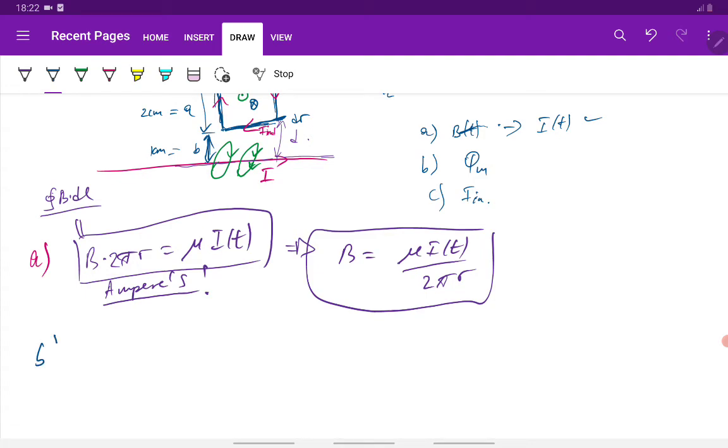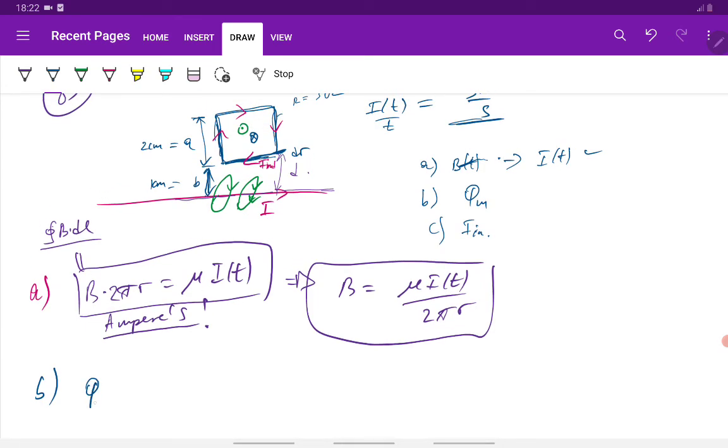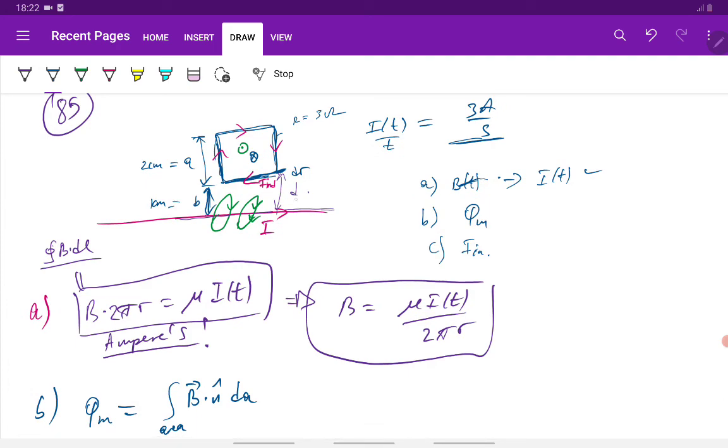So in part B, what is asked is the magnetic flux. The formula for magnetic flux involves area again. We will write this area A, and since the current is carrying, let's say that this part will be constant, right? dr. So we will integrate.